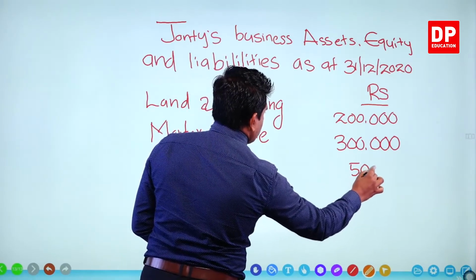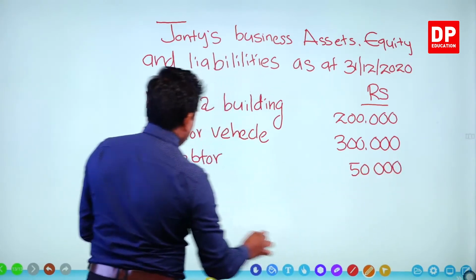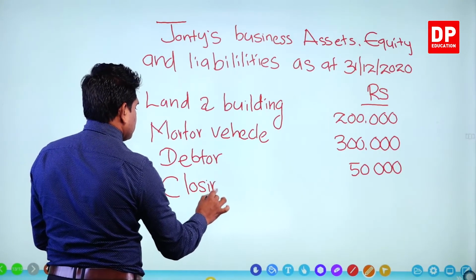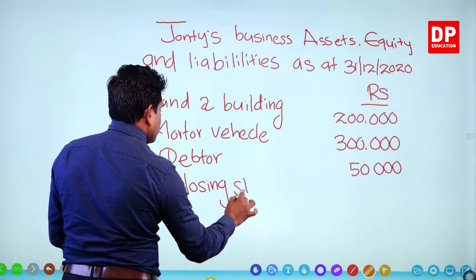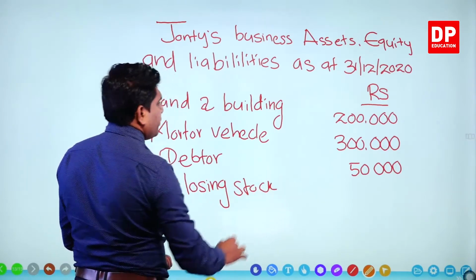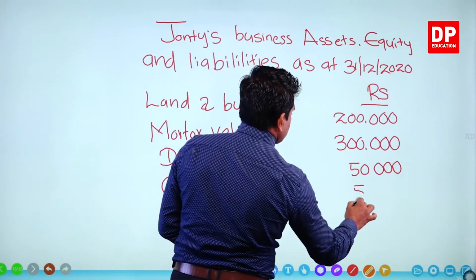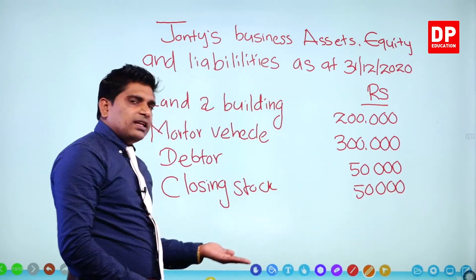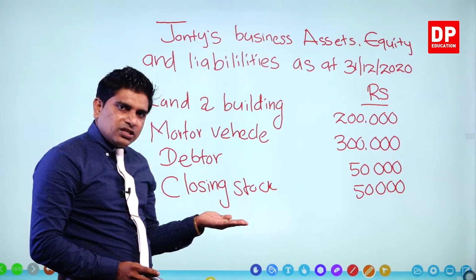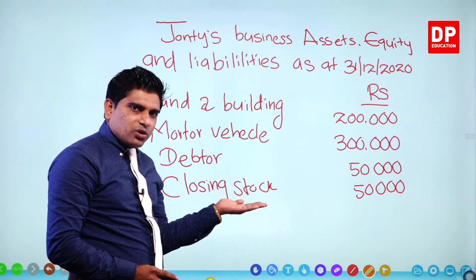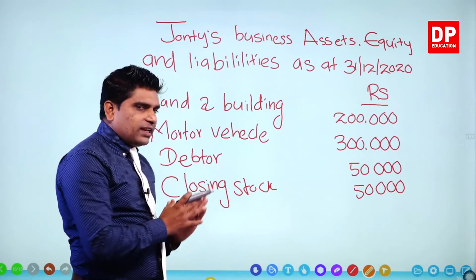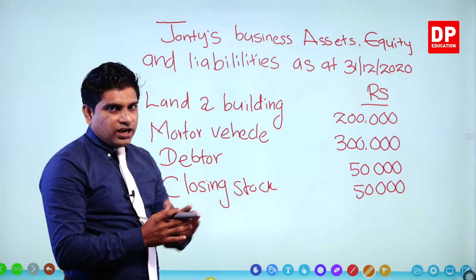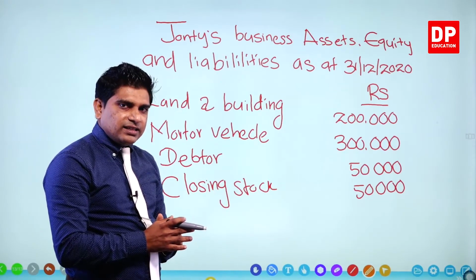Write down. The other one, closing stock. Closing stock also how much? The same amount, same value, 50,000. Now you can see here, there are two non-current assets. There are two current assets also, right? You have to enter these details in the statement of financial position under relevant category, right?